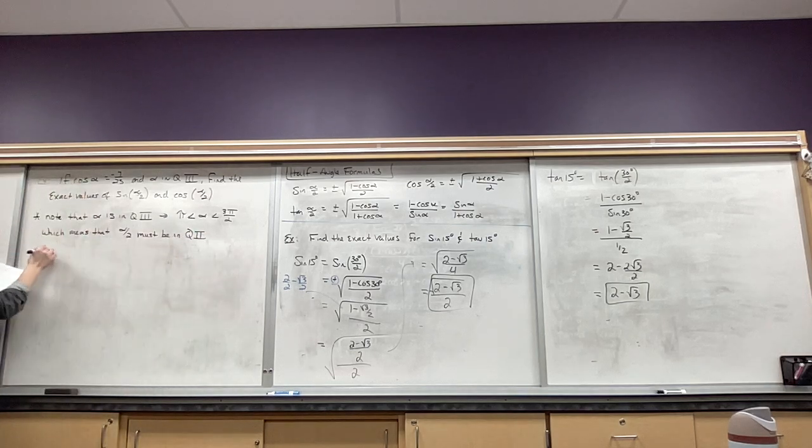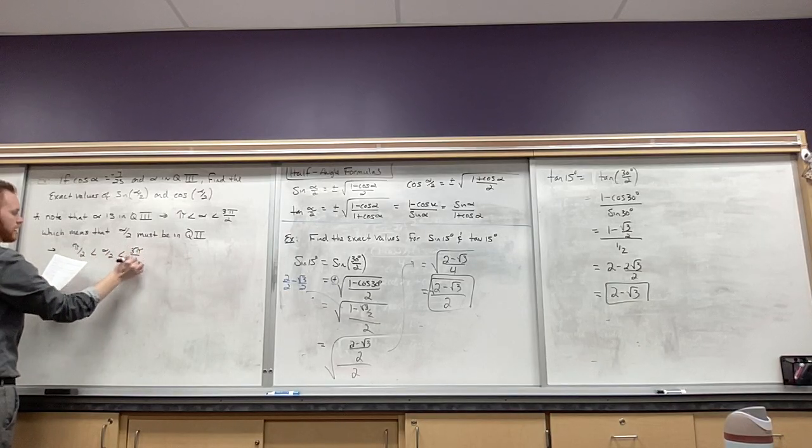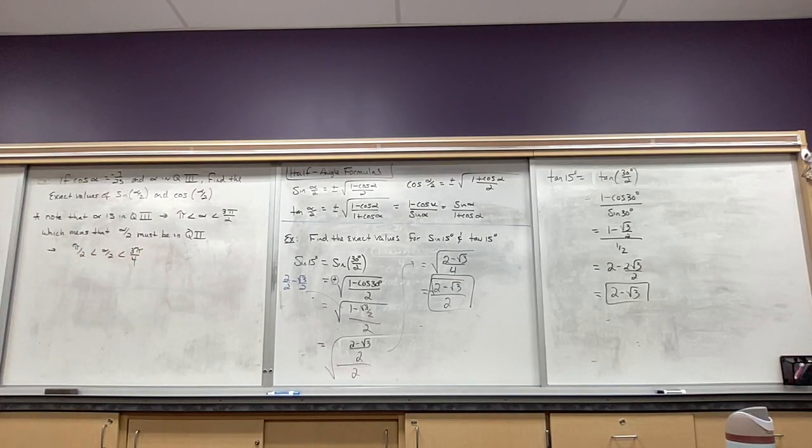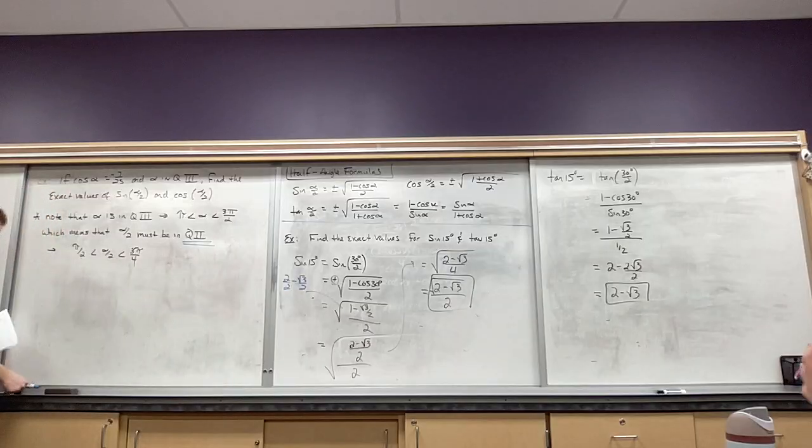And here's how I know. If I divide everything by 2, I can see that pi over 2 and 3 pi over 4, yep, that's in quadrant 2, if you know your circle. So to get from here to here, I just divide everything by 2. So I can see alpha over 2 is between those values, therefore must be in quadrant 2.